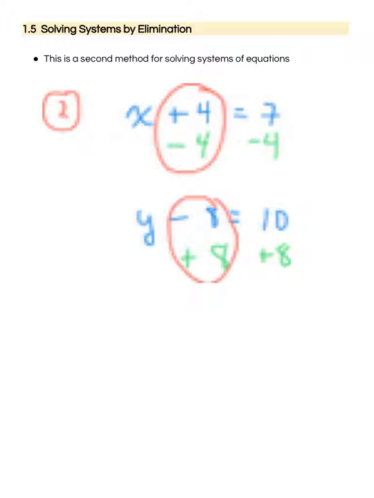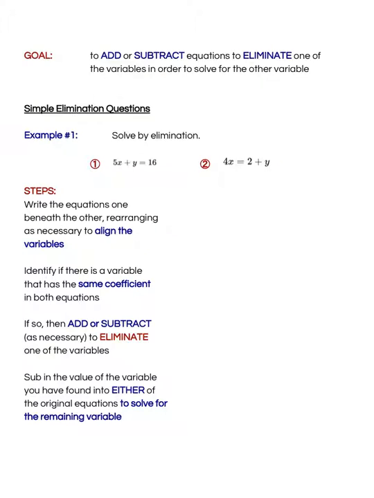So the idea of being able to combine equations in order to eliminate a variable, either by adding them or subtracting them, is going to be really important today. So our goal today, when using the elimination method, is to add or subtract equations in order to eliminate one of the variables, and that'll help us to solve for the other variable.